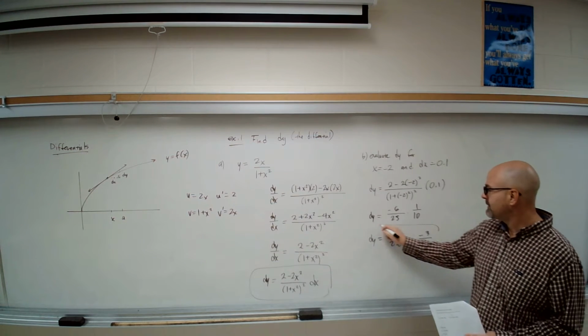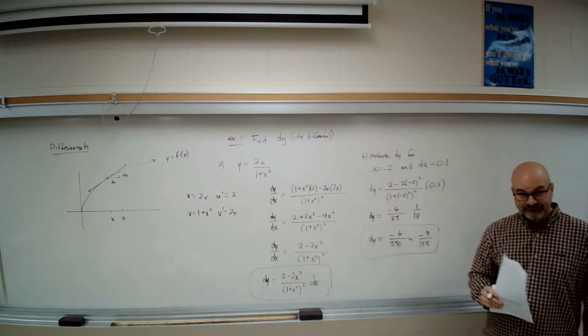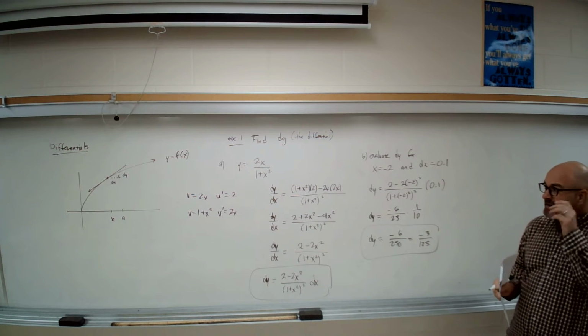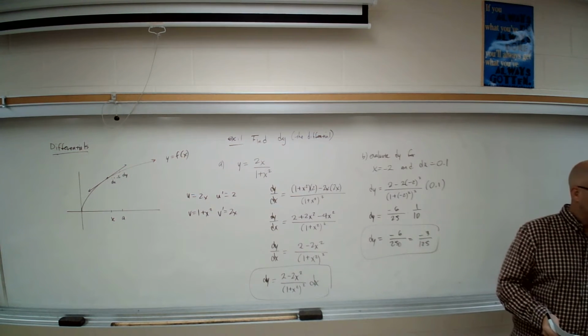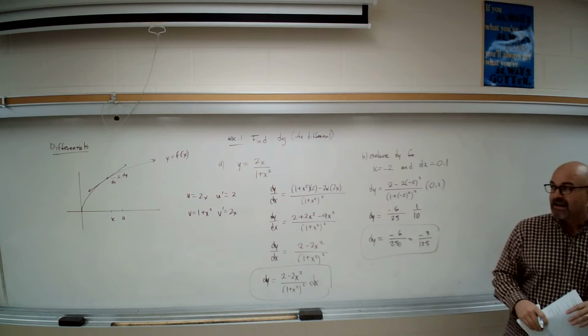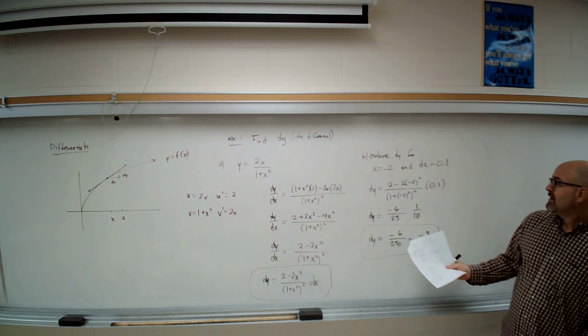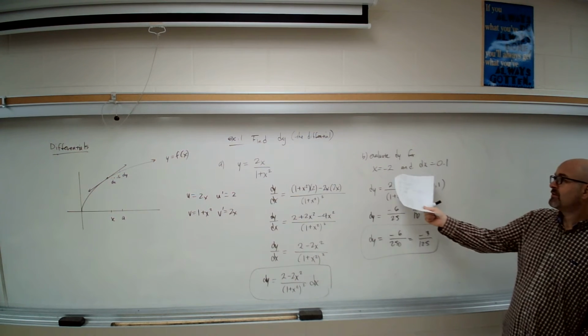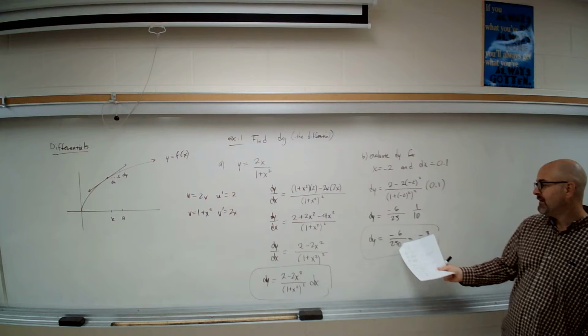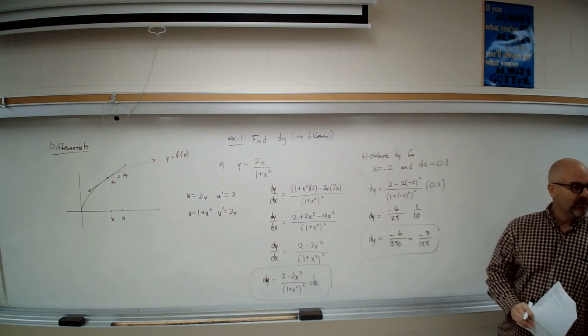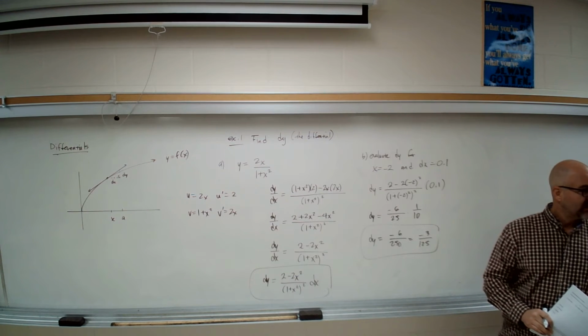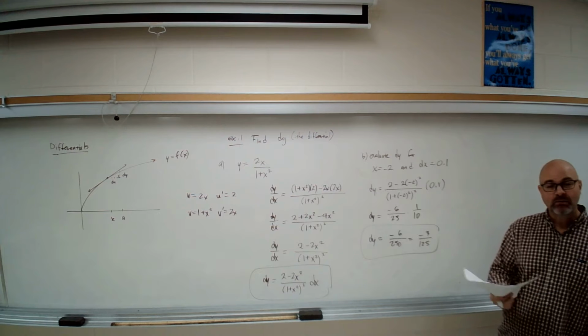Now, be careful. It doesn't tell us the y value, right? It just tells you that if you compare, we're going 0.1 unit to the right of negative 2, and then the y value went down by negative 3 over 125. Okay, but it doesn't actually tell us what the predicted y value would be.